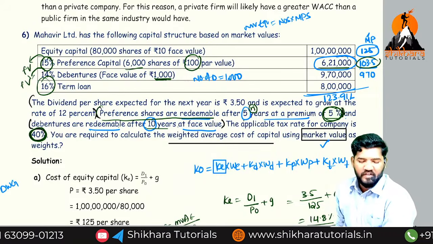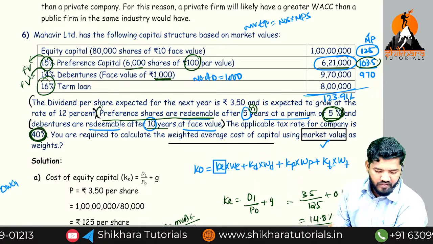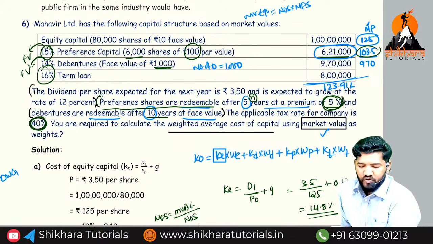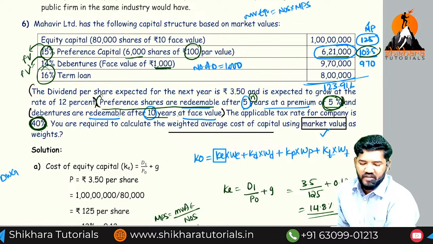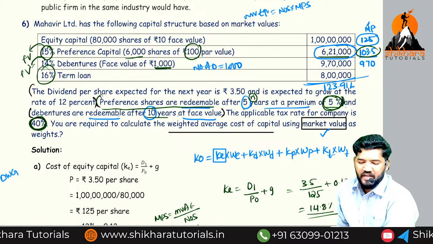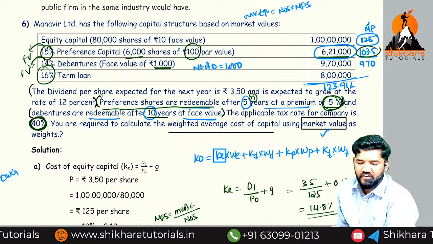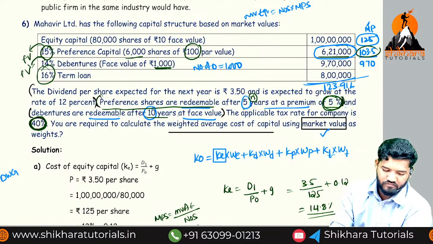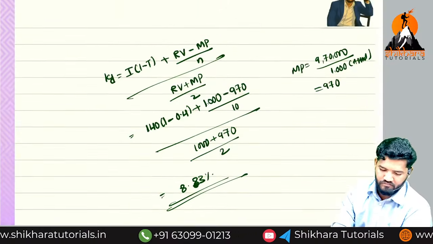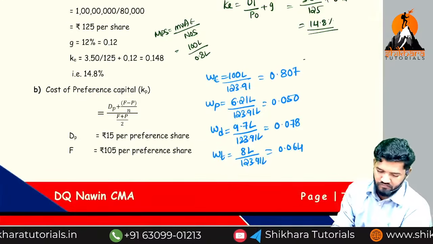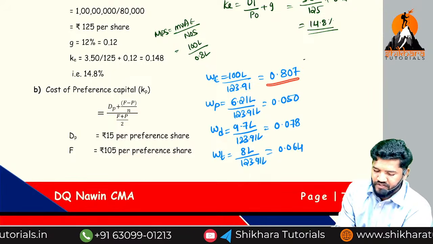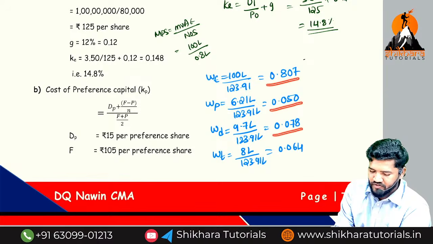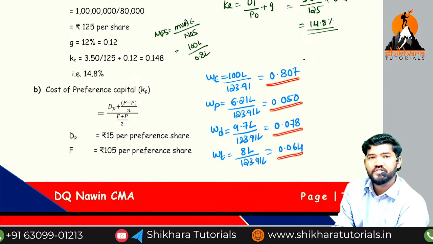Okay, then fine. Where are we? Please tell me the weights. 100 divided by 123.91, 6.21 divided by 123.91, 9.7 divided by 123.91, 8 divided by 123.91. The weights are 0.807, 0.050, 0.078, 0.064.